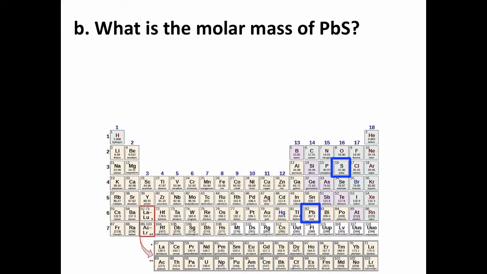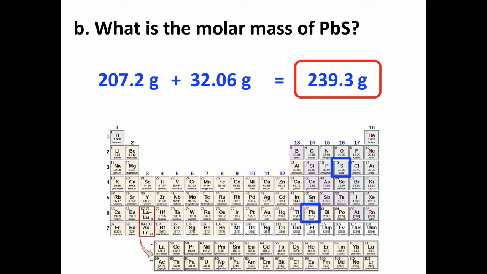How about the molar mass of PbS? Well, the molar mass is actually going to be the same value, but different units. Molar mass is the mass of 1 mole of the substance, and since PbS is made up of lead and sulfur, 1 mole of PbS contains 1 mole of lead, that's 207.2 grams, and 1 mole of sulfur, 32.06 grams, that adds up to 239.3 grams.